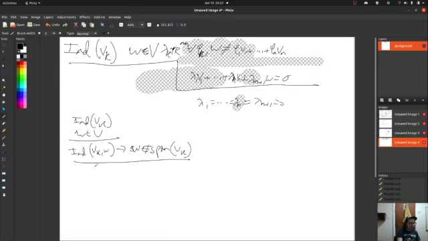Now our contrapositive is that W is in span of VK, which implies dependent VK, W.